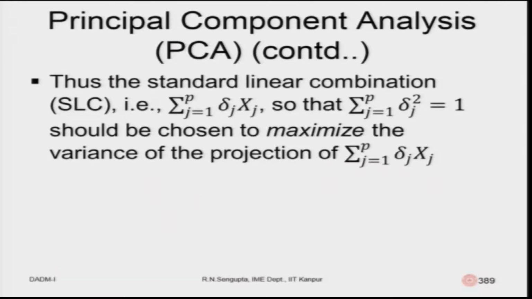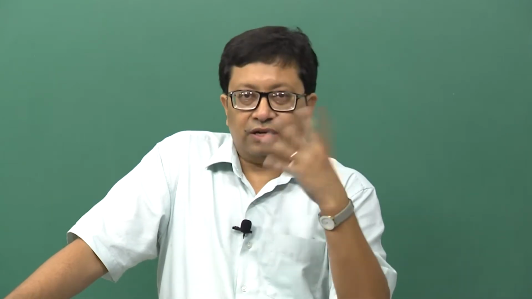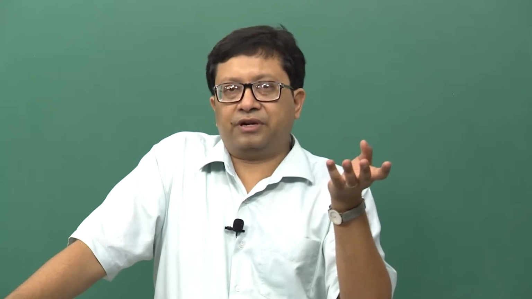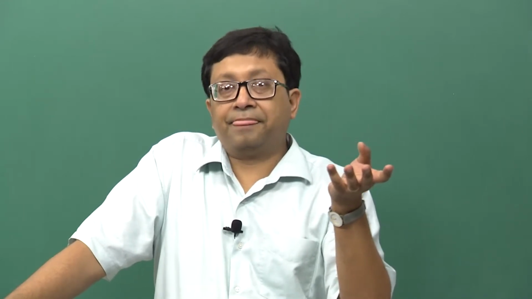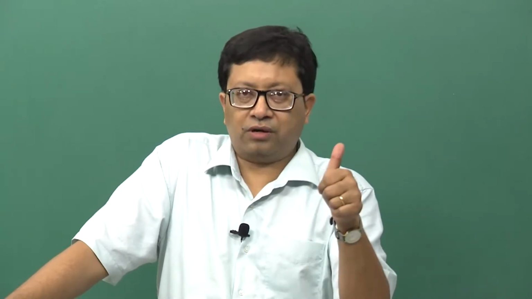Now, I would like to draw your attention to two points. Number 1, maximizing the variance means we are trying to take out the maximum variability in the first set of information and keep it separate, so that once it is taken out from the relationship between x 1 to x p and the dependent structure, it will not affect the second one, which is about orthogonality.